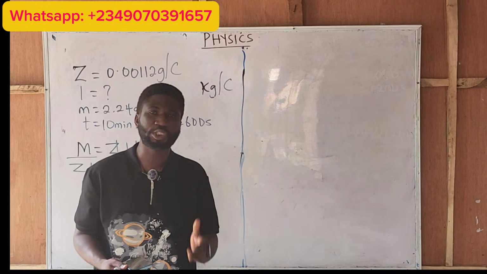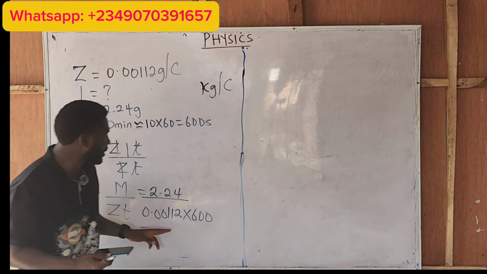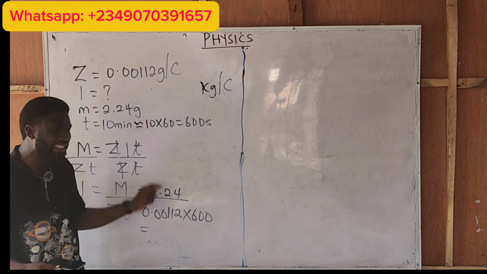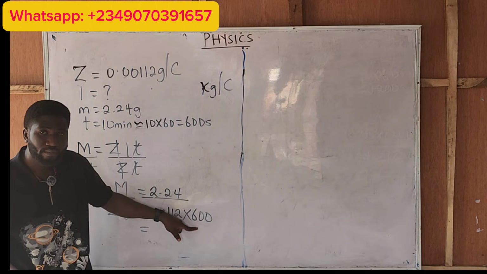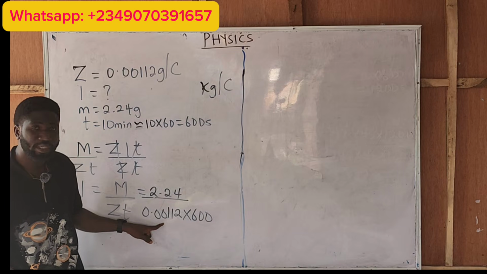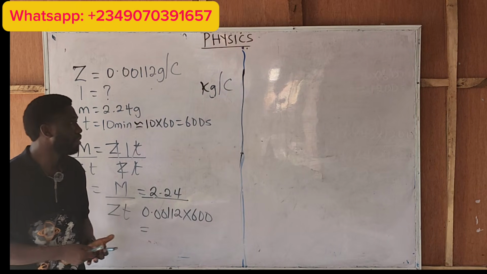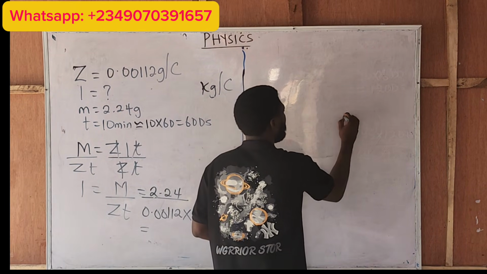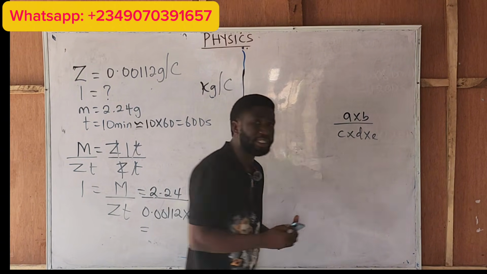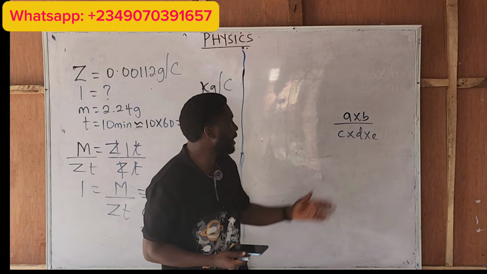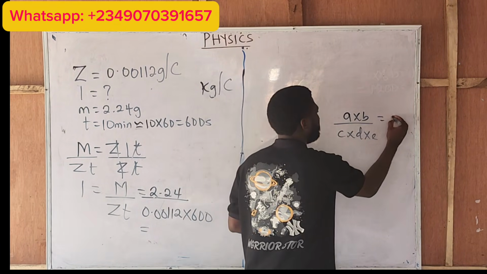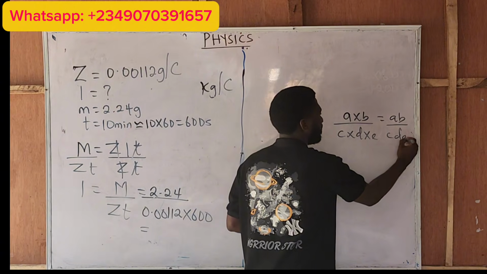In order for you not to waste your time, just do it this way. That will give us 2.24 divided by 0.00112, then divided by 600. Let's say we have A times B over C times D times E. In JAMB, you don't have to get the value for the numerator, AB, then over CDE, then divide.